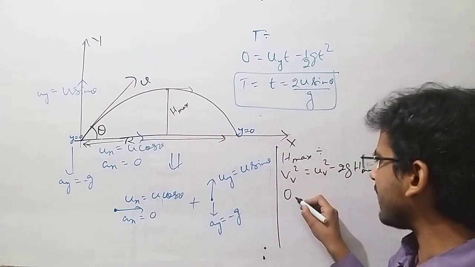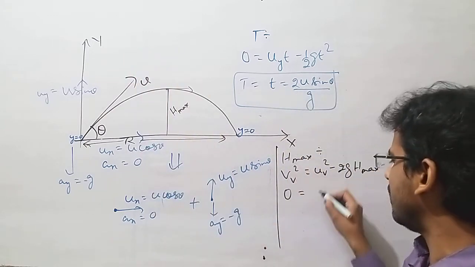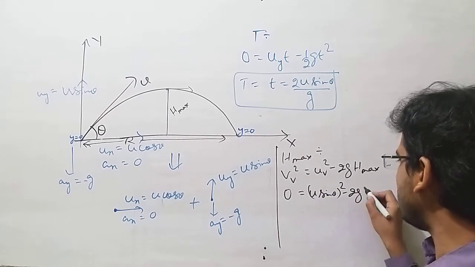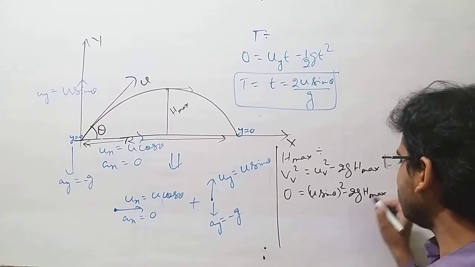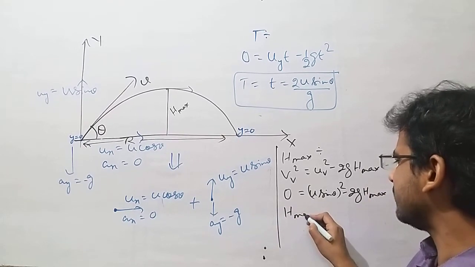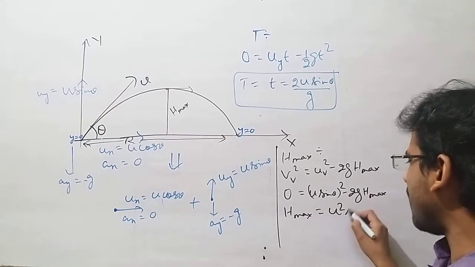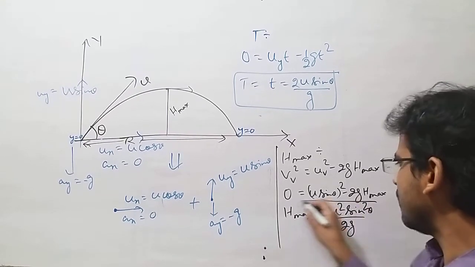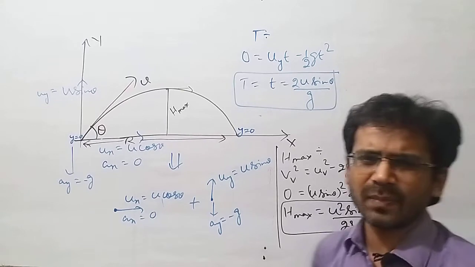So 0 equals u sin theta whole square minus 2g h max. So h max is u square sin square theta upon 2g. So we can easily get the maximum height.